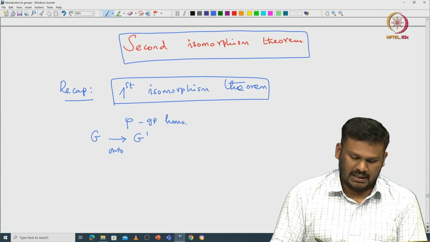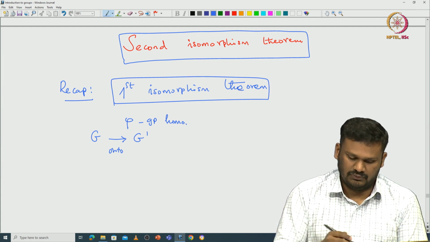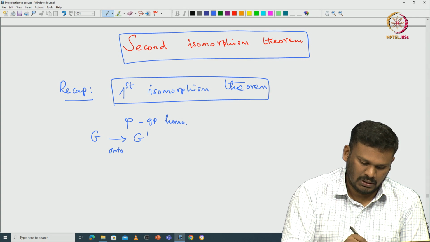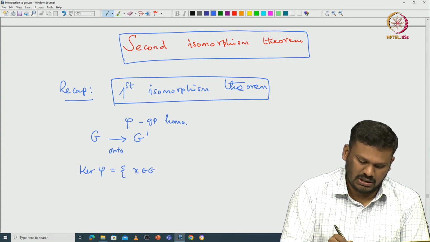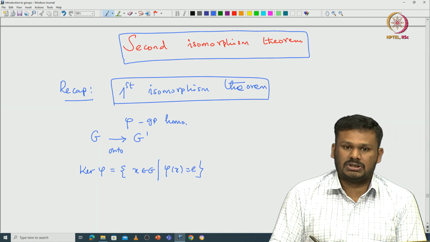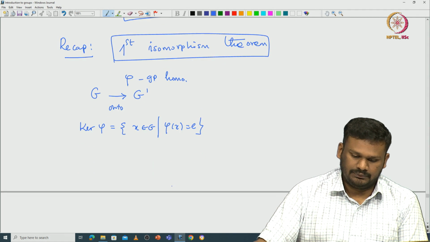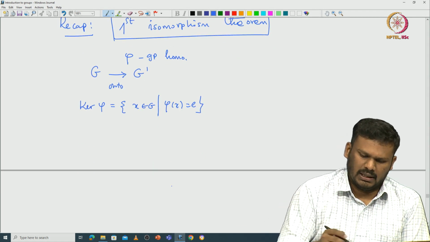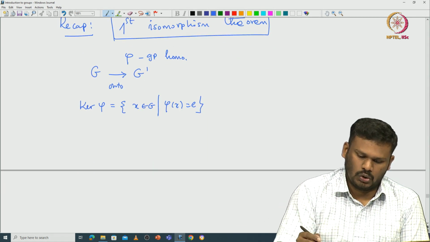Then we have this kernel and image, which is G dash. The kernel of phi is those x in G which are mapped to the identity element inside G dash. Then you can formulate this quotient group.